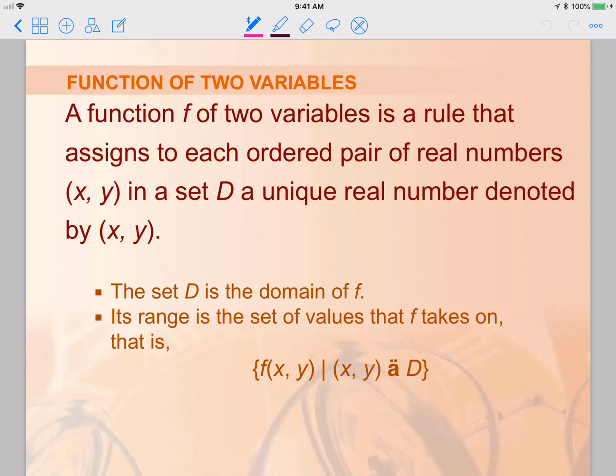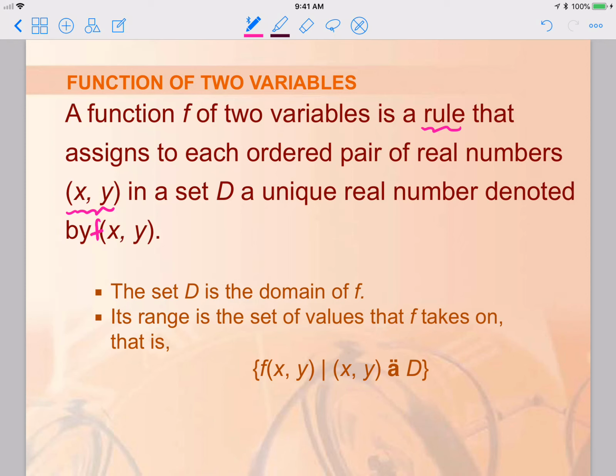Okay, so now overall, if you have a function of 2 variables, what you're talking about is a rule that assigns to each ordered pair in your domain a real number, and the unique real number is denoted by f of x, y.